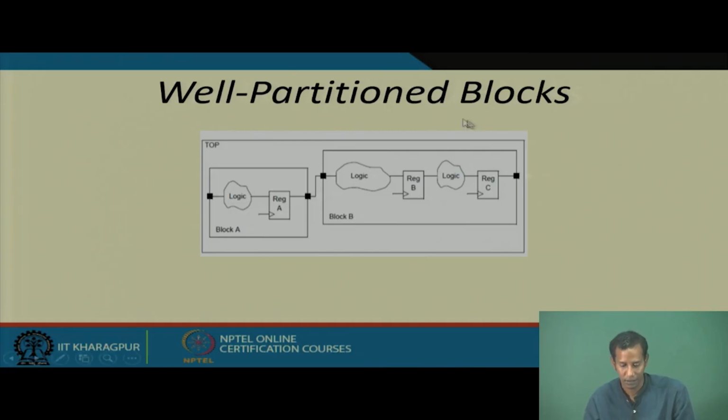As a designer, whenever you are doing this partitioning, you have to be careful how you can partition the design in a well mannered way, so that it does not affect the timing analysis further. We have to consider all these things in mind and carry on with our digital integrated circuit design.